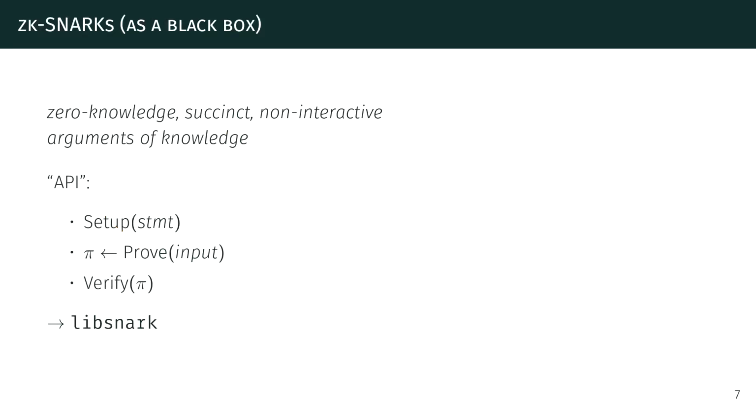And to make that more precise will be our job. Now, really quickly, the titular zk-SNARKs. It's already been introduced. What it stands for is a zero knowledge, succinct, non-interactive argument of knowledge.